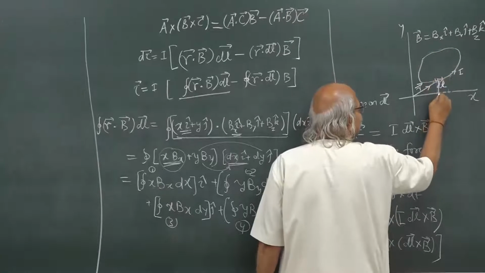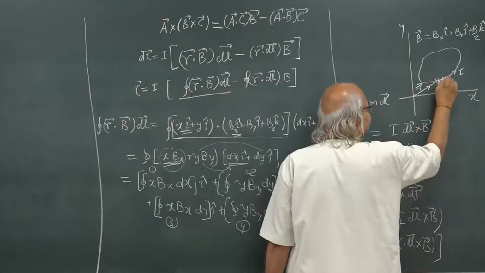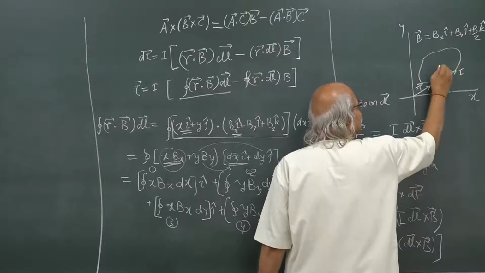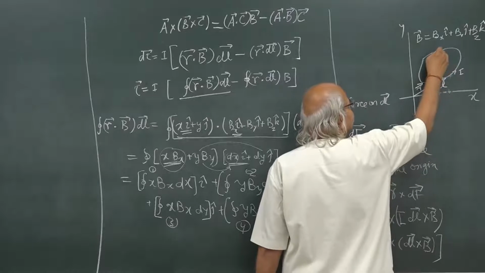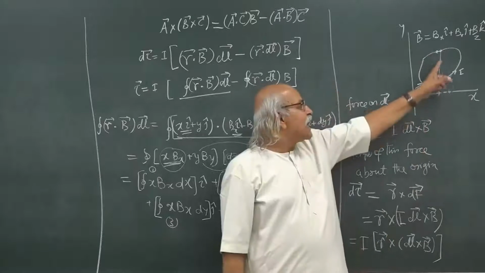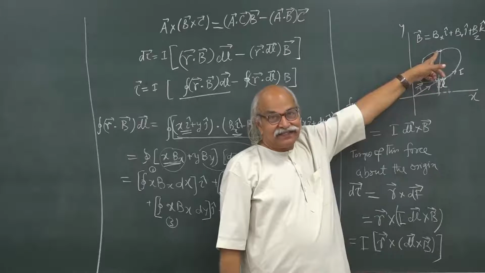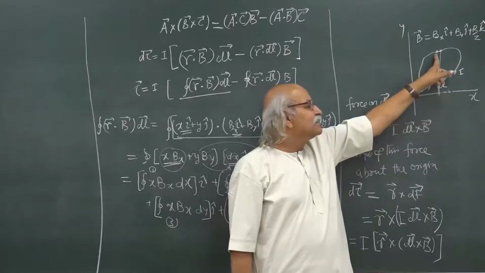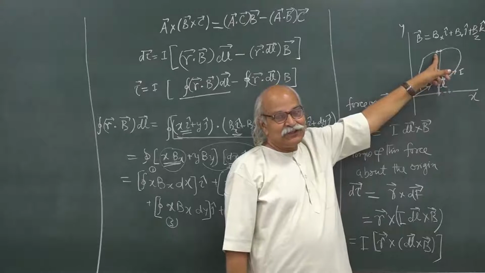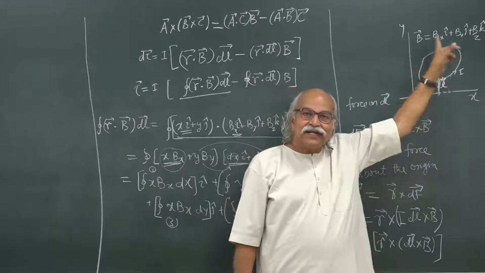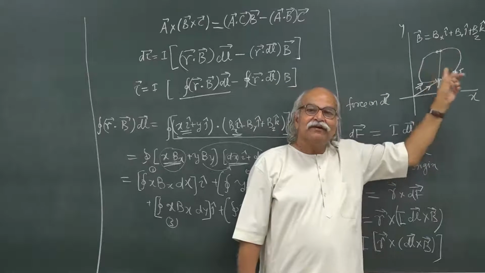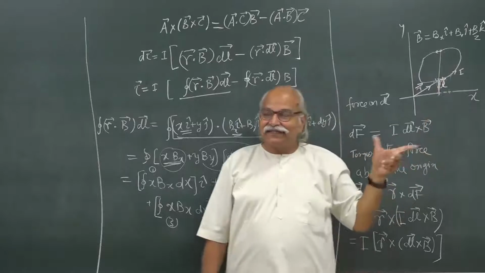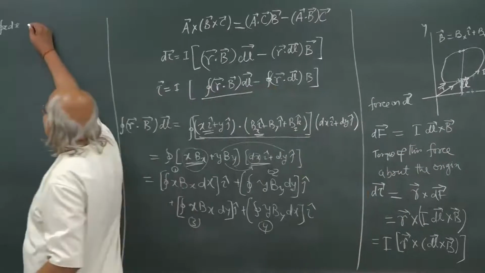So, for this x, for example, here is this dx, but for the same x you will come here and there will be a dx in this direction. These will have opposite signs, same x, but dl is this way and here dl is this way. So, when you do this total integration, this will become 0. So, x dx integration is 0, the first one is 0.